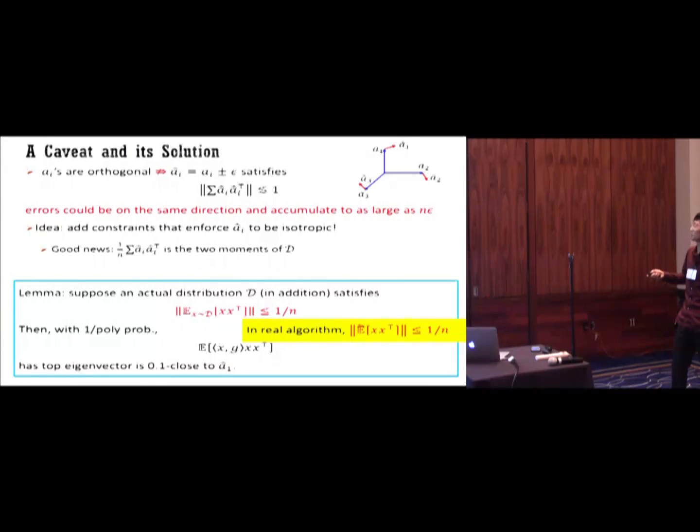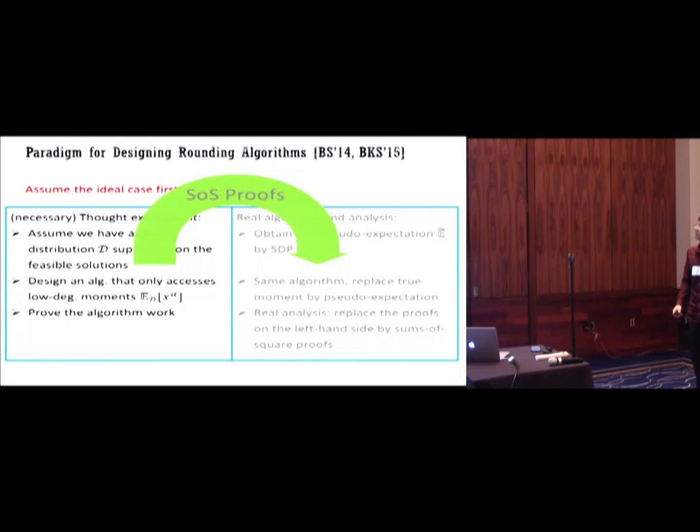We just require that the pseudo expectation operator satisfies that the spectral norm of this matrix is less than 1 over n. So what we have done is basically a proof sketch for the thought experiment, and the remaining thing that we didn't show is how to make this proof a sum of squares proof.